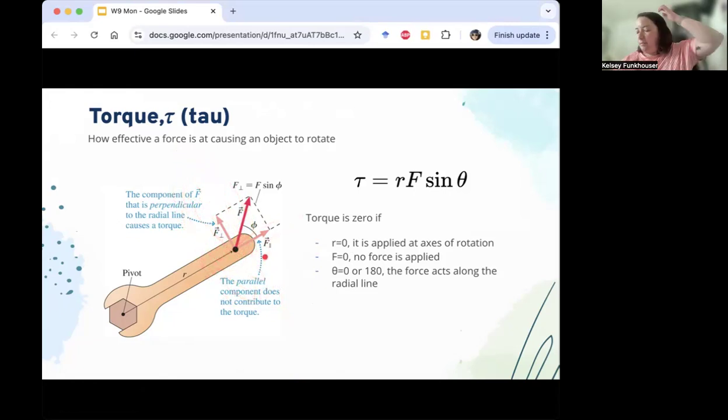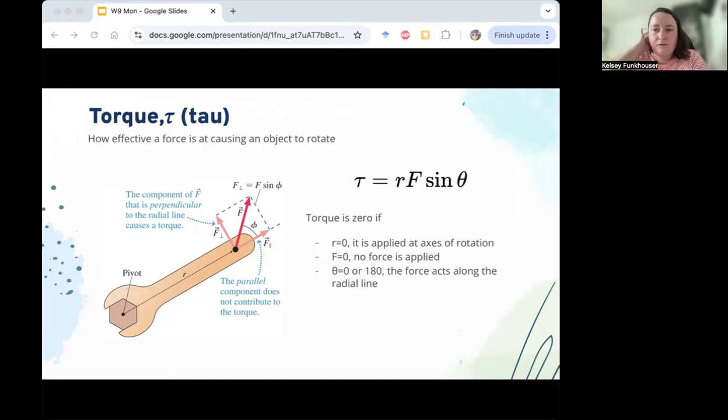Because we saw with the pencil, if we push or pull along the radial line, no rotation happens. But if we are perpendicular, yeah, rotation does happen. So only the perpendicular component causes torque. The parallel component does not cause torque.